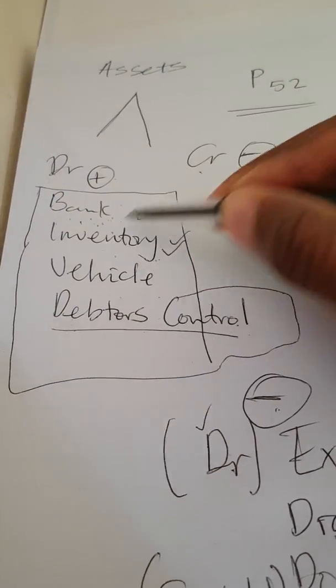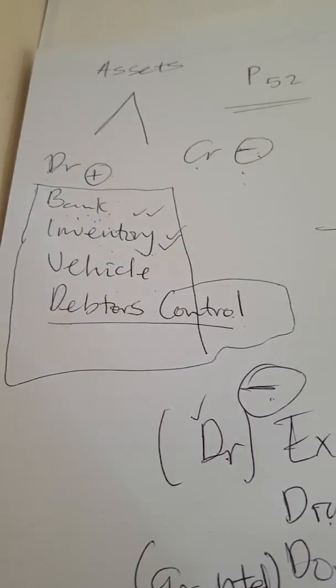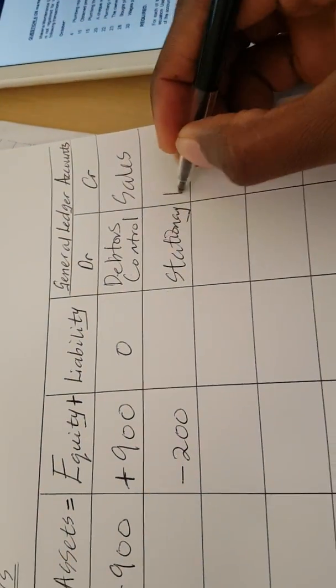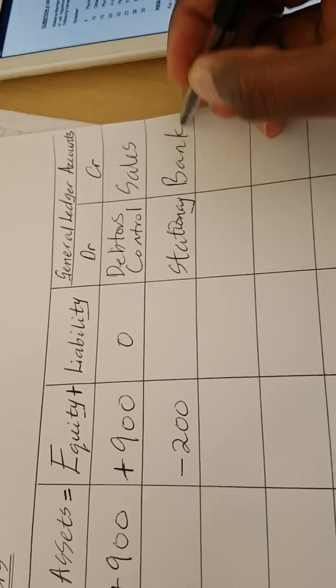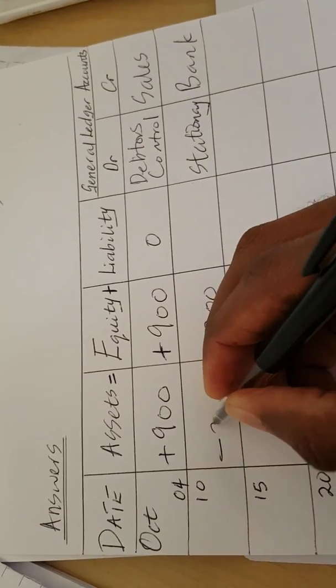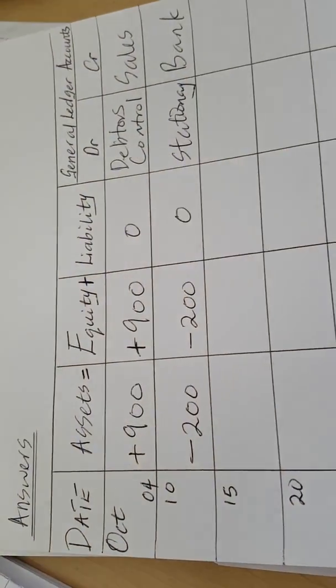The bank is paying out the check of 200, so it's being affected negatively. So you're going to credit the bank. So on the credit side, I'll come and credit the bank. Now the question is, why am I crediting the bank? Because it is affected negatively by losing 200. You see how it goes, and then you don't have a liability. So this is how it operates.